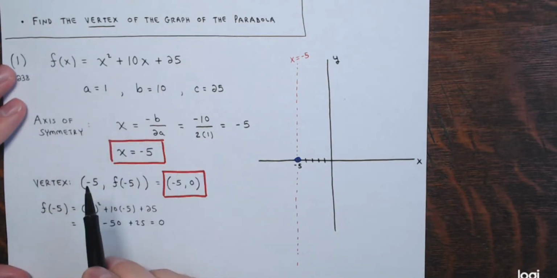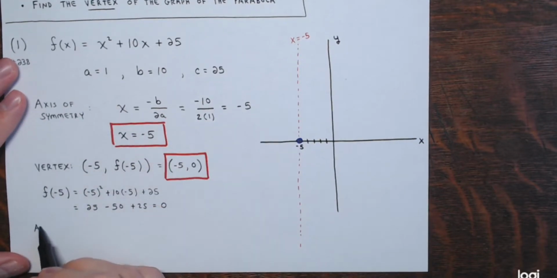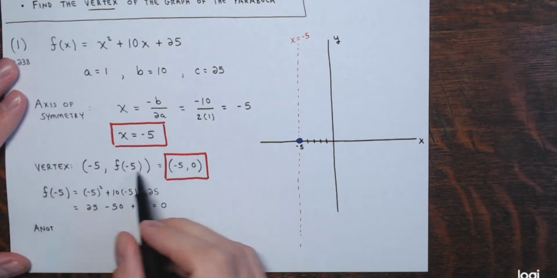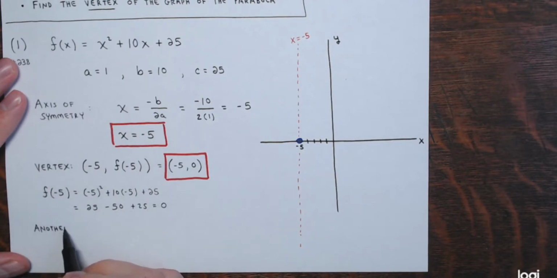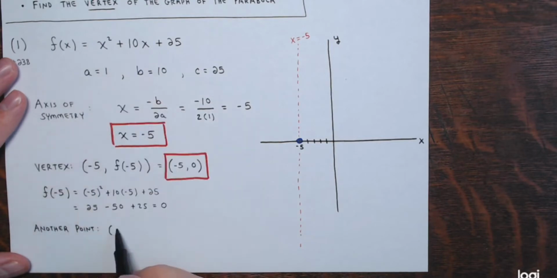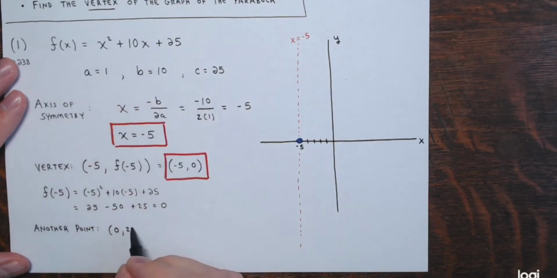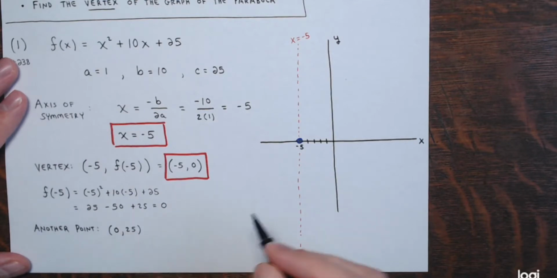Find one other point. Here's another point on the parabola, something other than the vertex. This is extra. An easy point to find would be, if I plugged in 0 for x, clearly the output would just be 25. So I'm going to plot that.